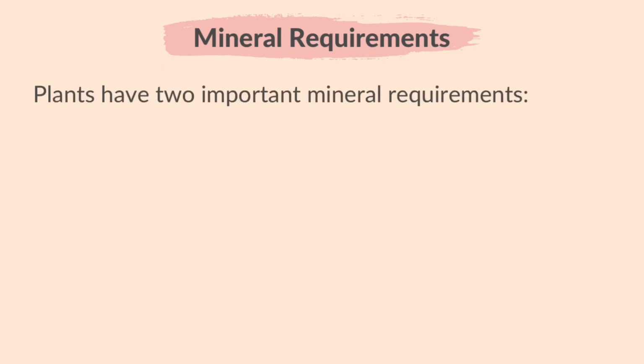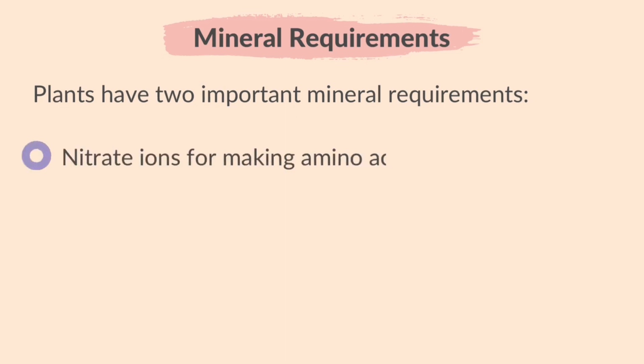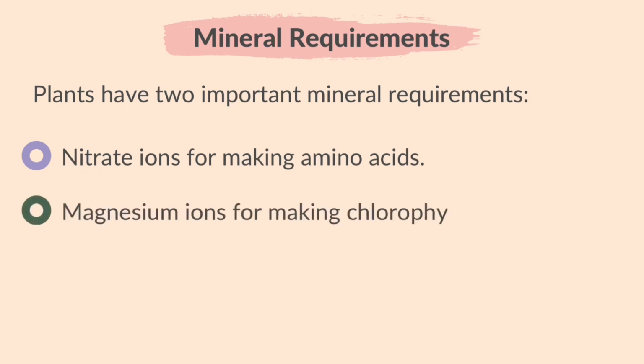Although plants make their own carbohydrates, they also need certain minerals to photosynthesize and grow. Plants have two important mineral requirements: nitrate ions for making amino acids, and magnesium ions for making chlorophyll.